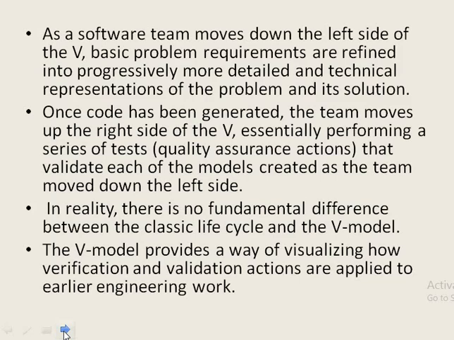Now you can see that it appears like a V. So here in this model, some requirement analysis is done at the initial stage, and then it progressively moves to the detailed and technical representations of the problem and the solution.